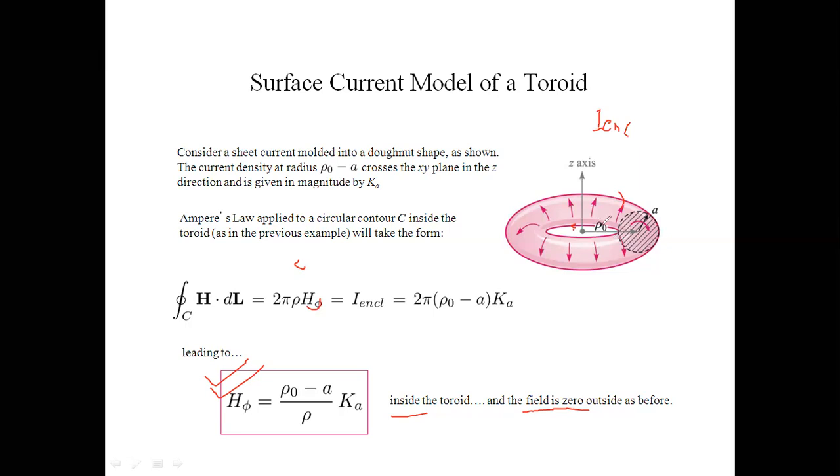So these two currents are equal and opposite. So is there any current outside this? No. That is why I enclosed is 0. If I enclosed is 0, of course H will be 0. Yes or no? Yes, sir. So try to apply these things.